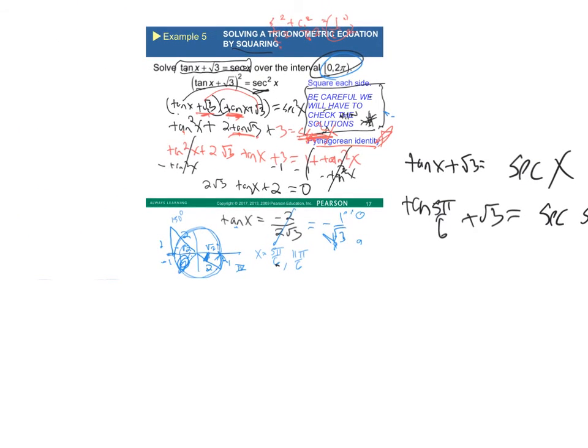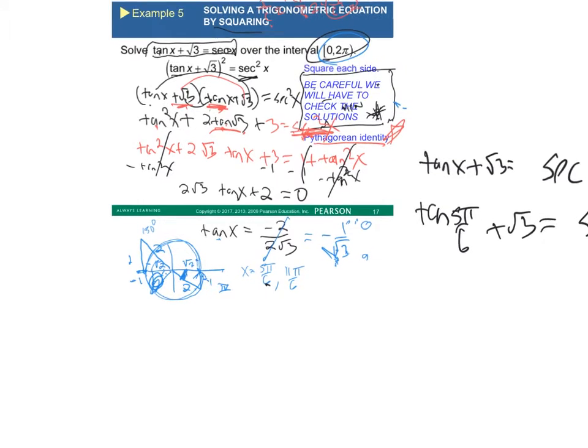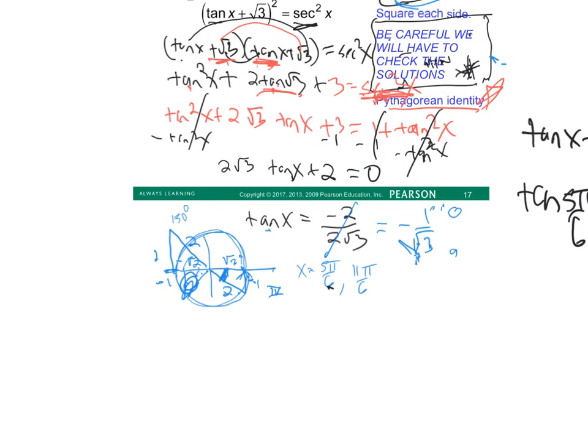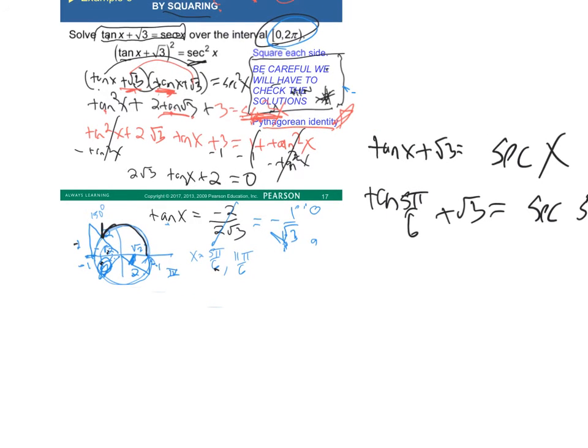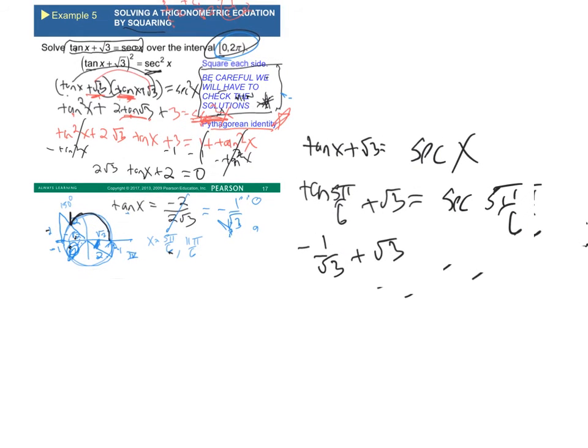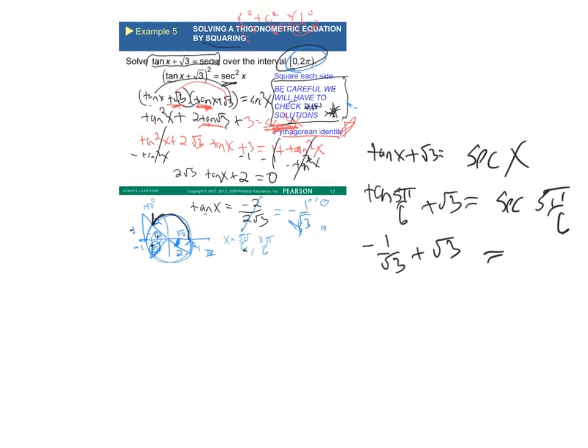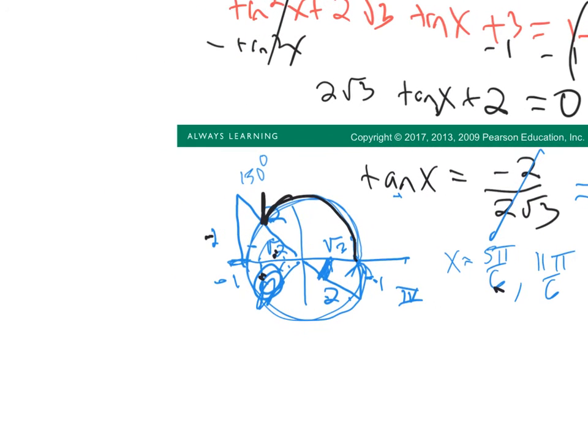Well, we did 5 pi over 6. Tangent of 5 pi over 6 was here. That tangent is 1 over the square root of 3, negative square root of 3. So that's negative 1 over the square root of 3 plus the square root of 3. It has to be equal to the secant of this same angle right here.